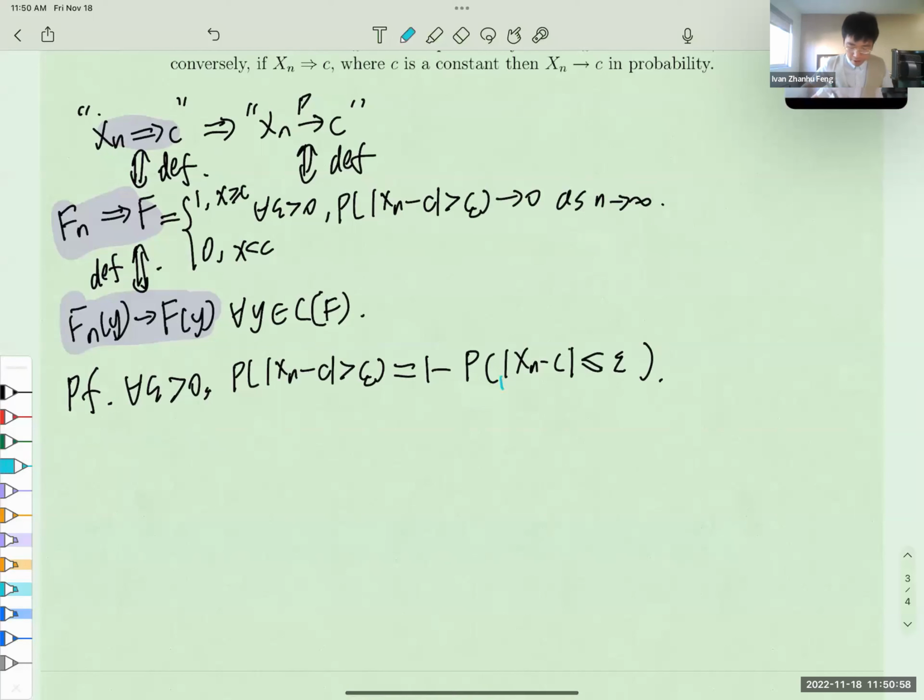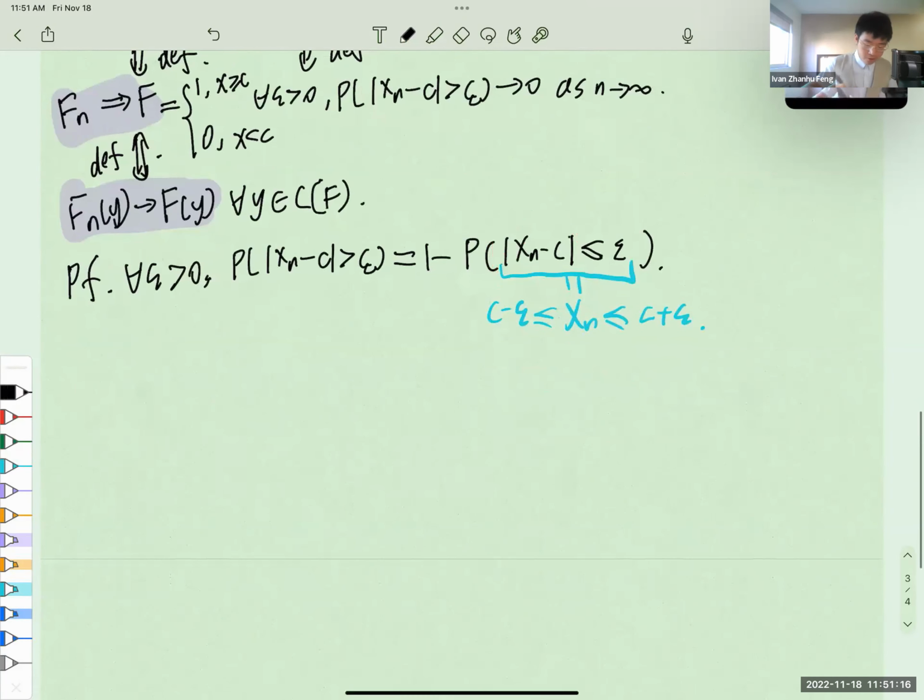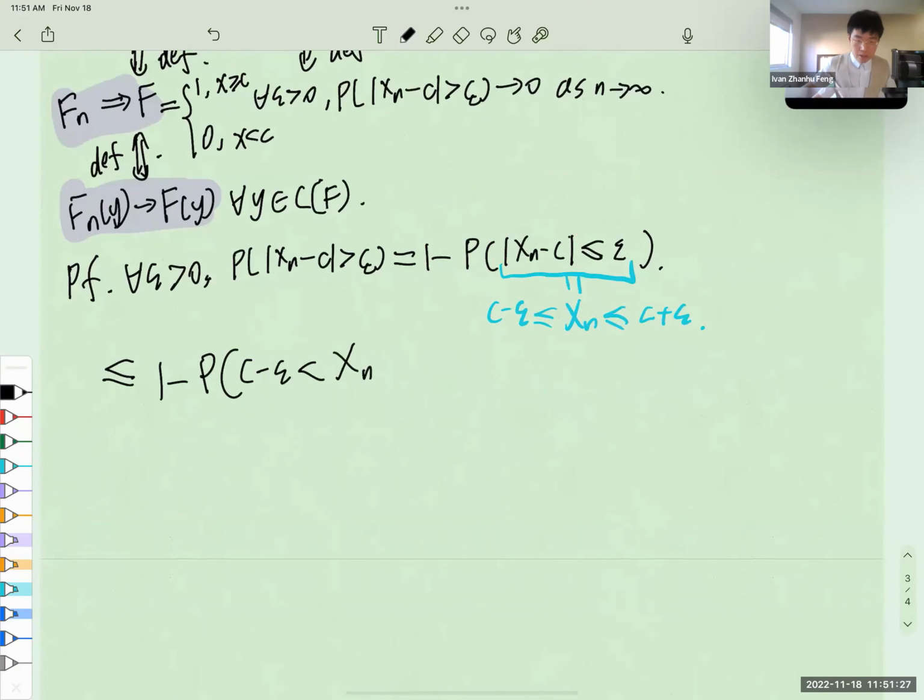And notice this event is the same as C minus epsilon less than or equal to Xn less than or equal to C plus epsilon. This is what the absolute value means here. Therefore, this entire difference is equal to 1 minus P(C minus epsilon less than or equal to Xn less than or equal to C plus epsilon).